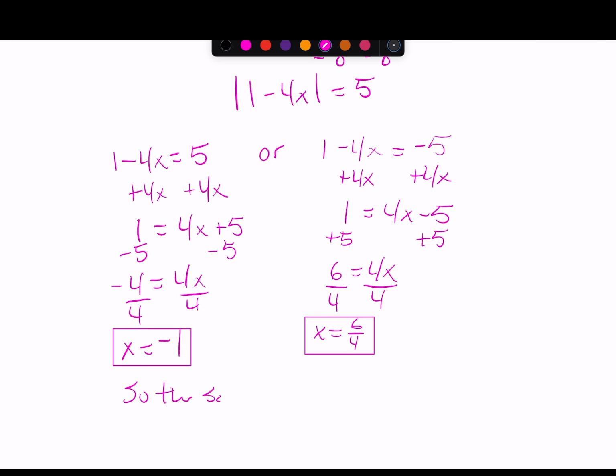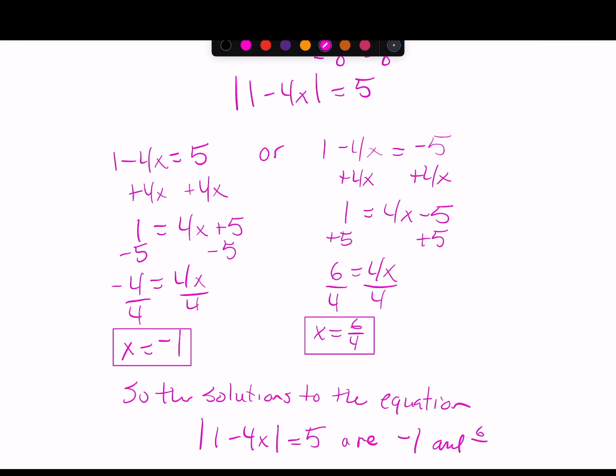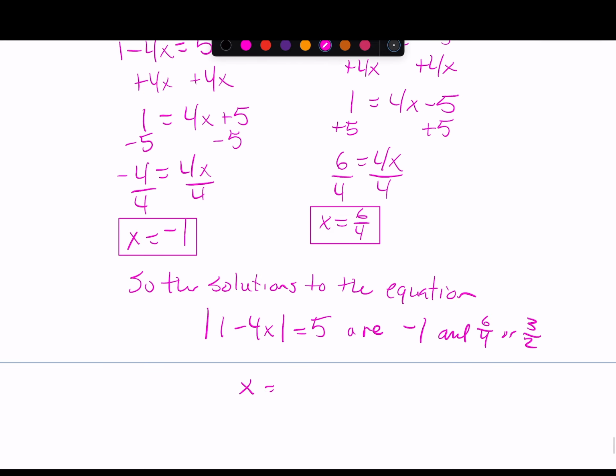So the solutions to the equation absolute value of 1 minus 4x equal to 5 are negative 1 and 6 over 4, or 3 over 2. x equals negative 1 and x equals 3 over 2 in the fully reduced form.